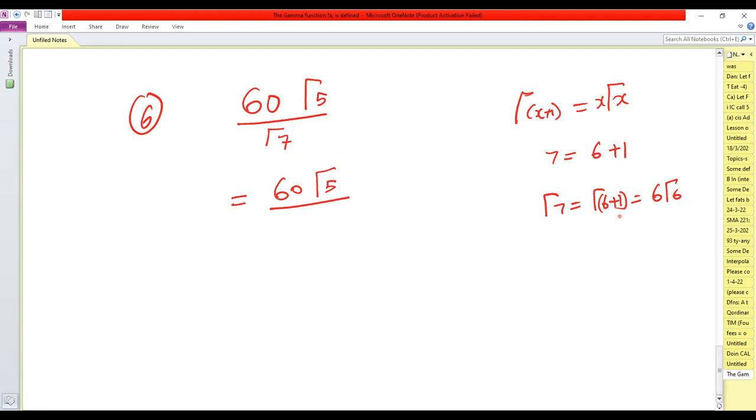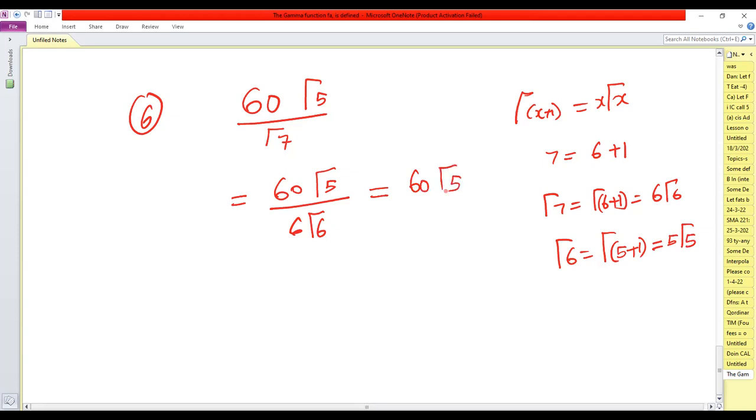And then once we have this, we can write this one as 6 gamma of 6. Also, gamma of 6 is the same as gamma of 5 plus 1, which is the same as 5 gamma of 5. So this will be 60 gamma of 5 over 6 times 5 gamma of 5.